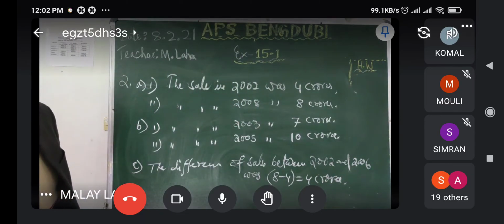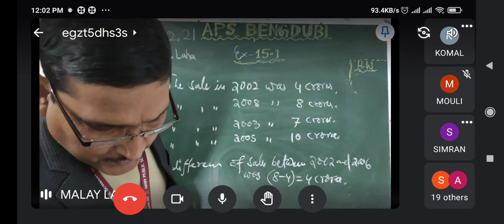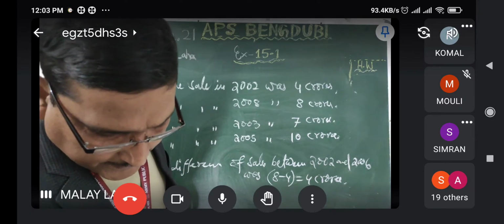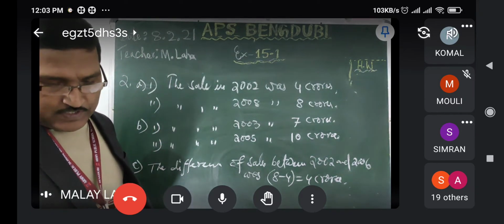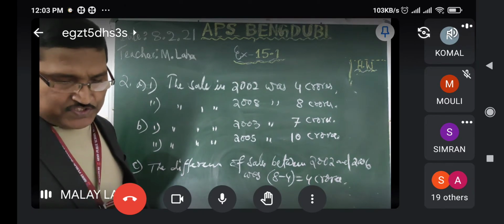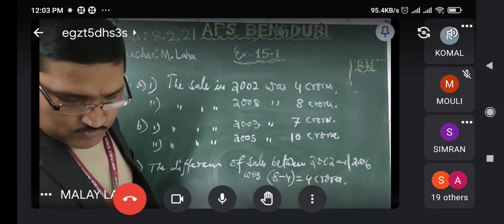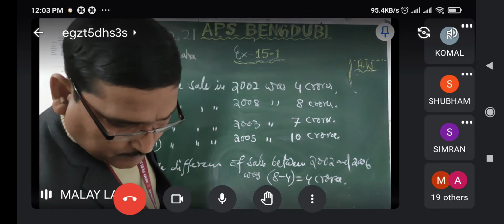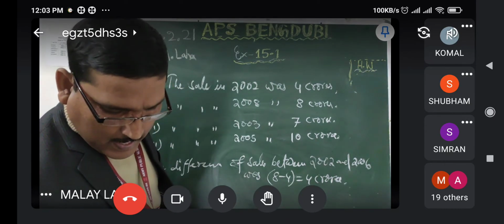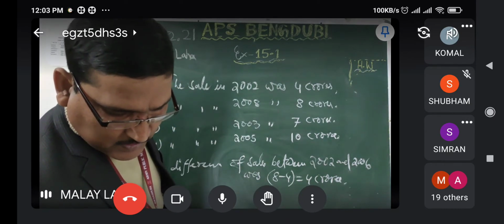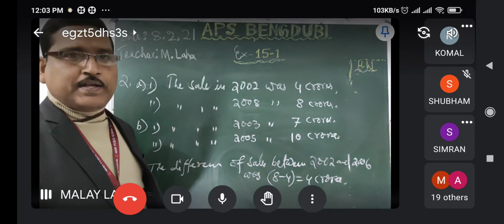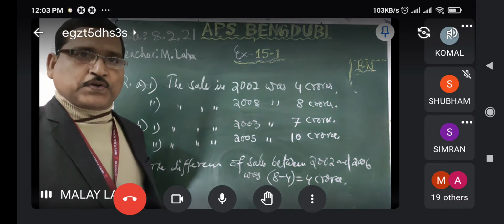Got it? Yes, sir. In which year was there the greatest difference between the two years? बताओ. In which year the difference is more? You see, in 2004 the production is 6 and 2005 the production is 10. So within 1 year the jump is what? 4 crore.